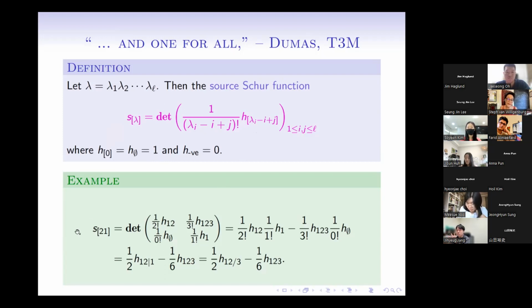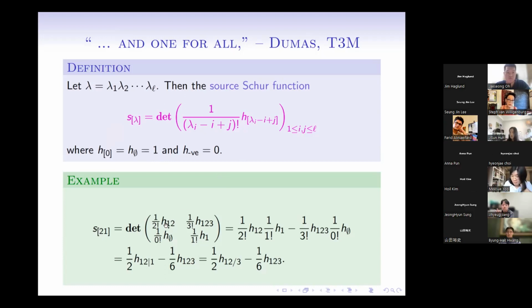Okay, so say I want to compute my source Schur function S21. Well, then I'm going to get this matrix right here. So 1 over 2 factorial h12, 1 over 3 factorial h123, 1 over 0 factorial h empty, and 1 over 1 factorial h1. And now we're going to take its non-commutative determinant.